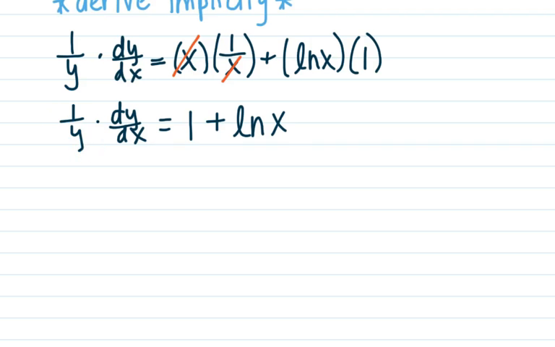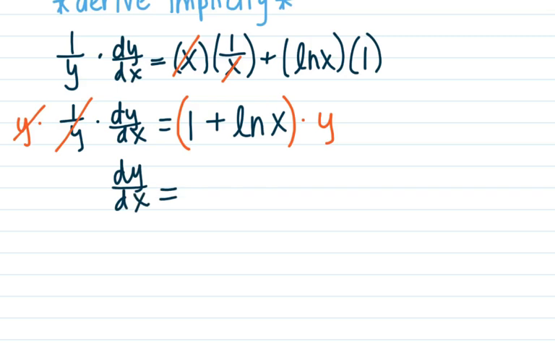And the way we're going to do that is to simply multiply by y on both sides. And when you do that, make sure you put parentheses around the right side if your function has more than one term. Okay, so this gets rid of that side, allowing us to solve for dy dx.